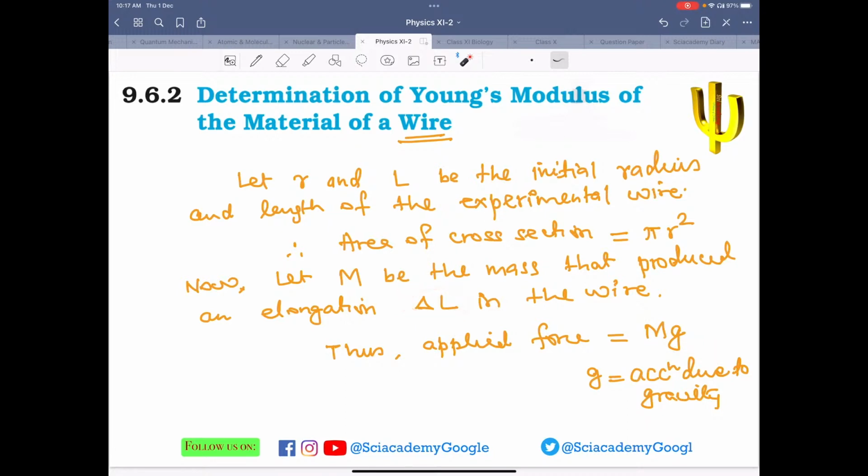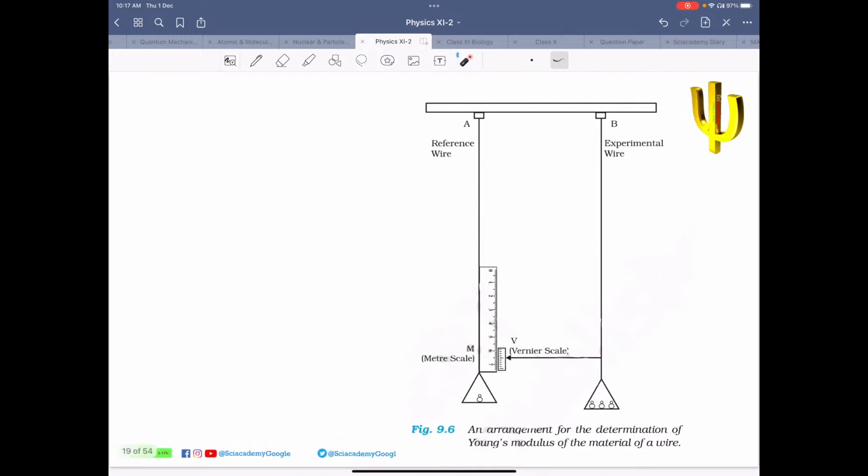Therefore, Young's modulus can be calculated as Y is equal to sigma by epsilon, where sigma is the longitudinal stress and epsilon is the longitudinal strain.